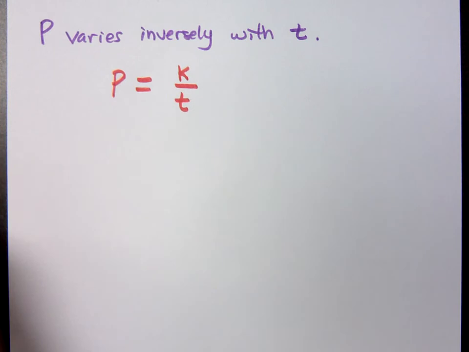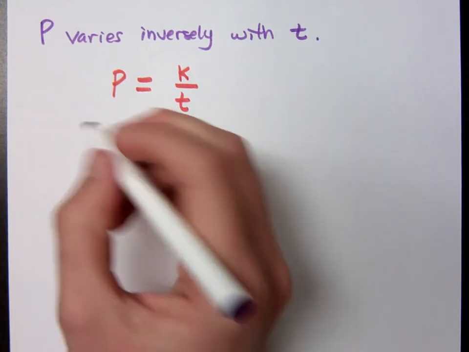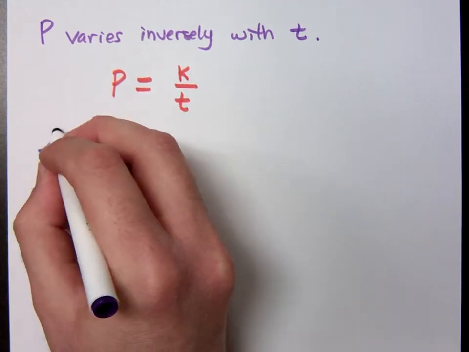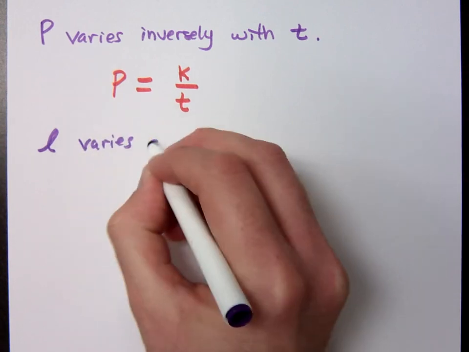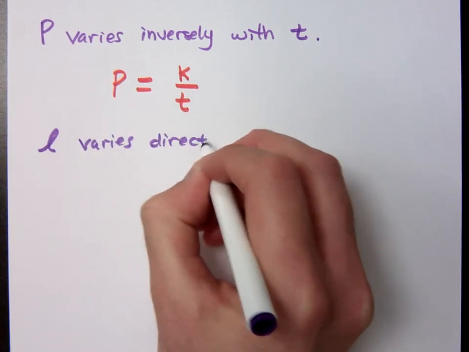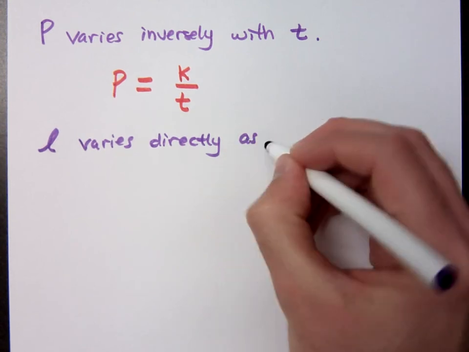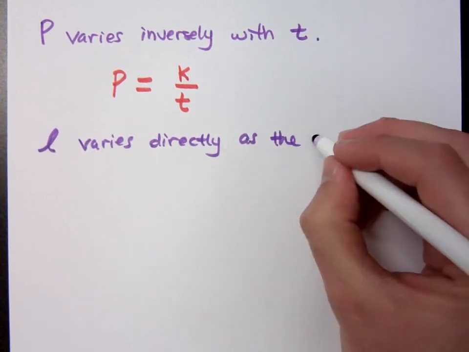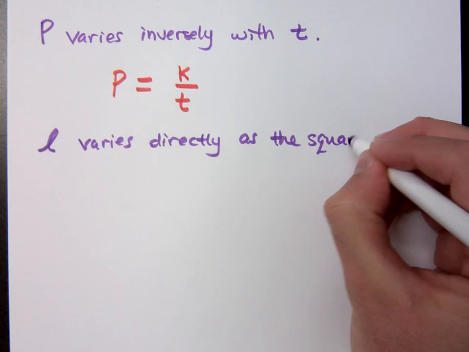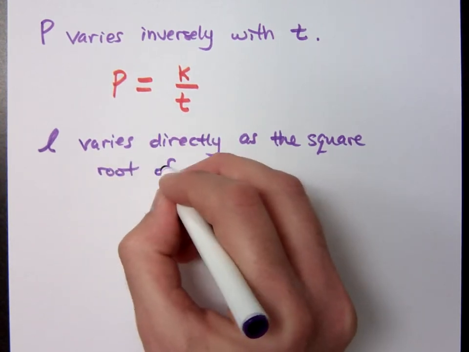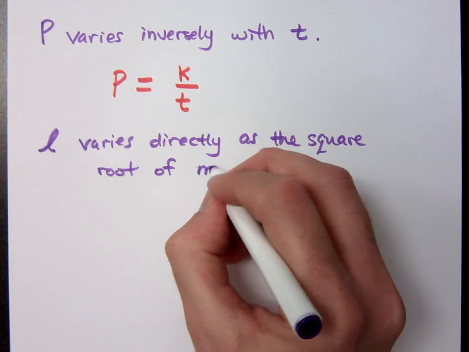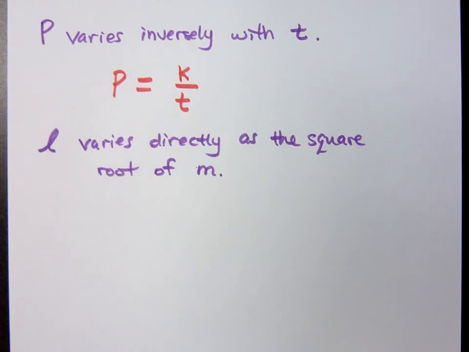Okay? If I were to say this, that L varies directly as the square root of m. L varies directly as the square root of m.